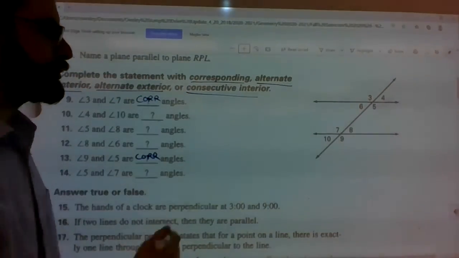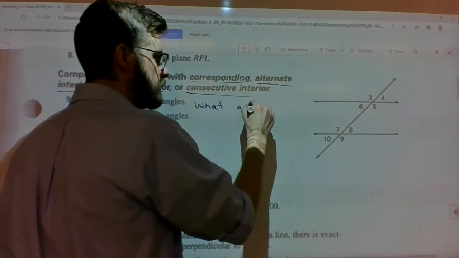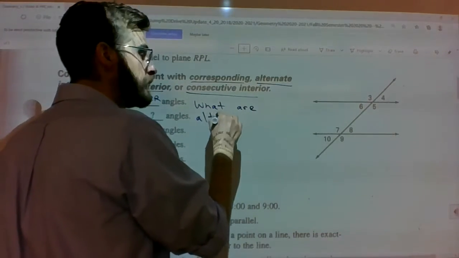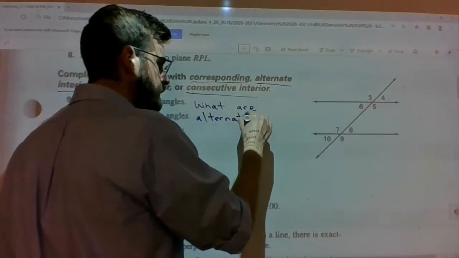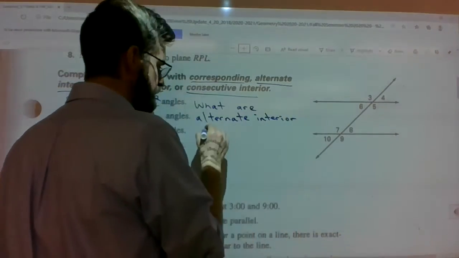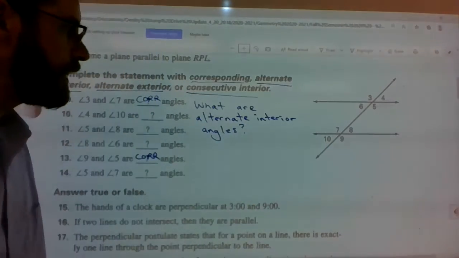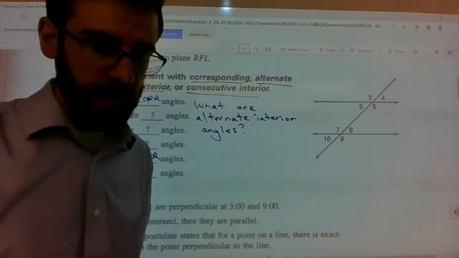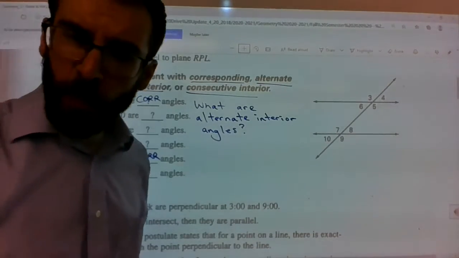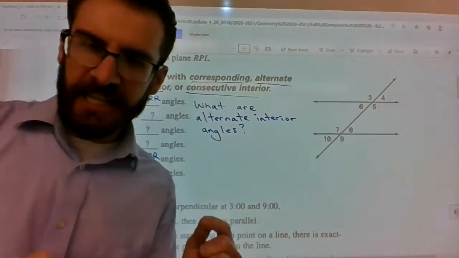How about alternate interior angles? What are alternate interior angles? Well, again, they're pairs of angles. Works a little bit different than the corresponding pods. Think of it like this.